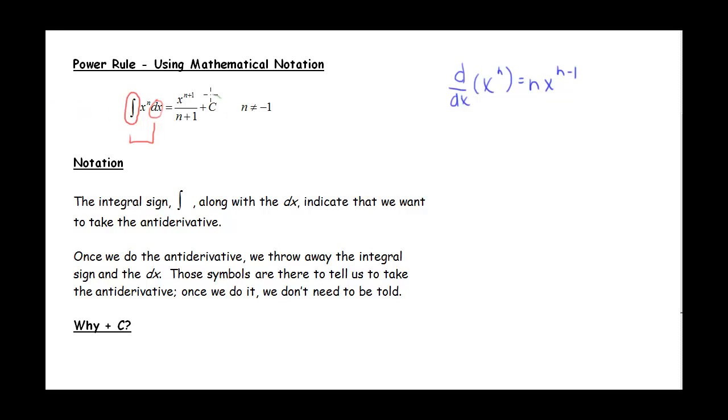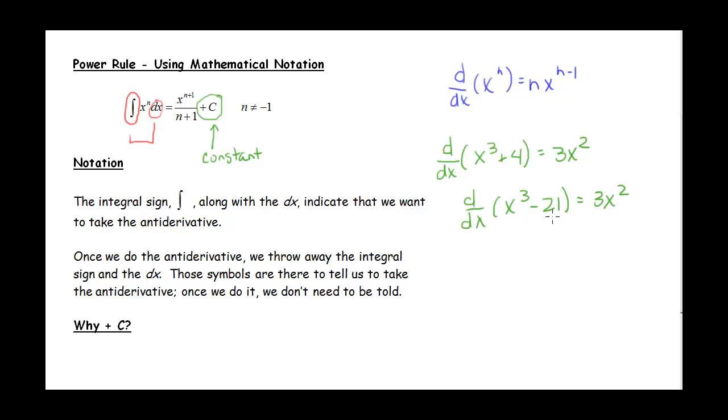What is that all about? So c is just a constant here. And the reason why we need that is because if we were taking the derivative of, say, x cubed plus 4, we would get 3x squared. And if we were taking the derivative of x cubed minus 21, we also get 3x squared.